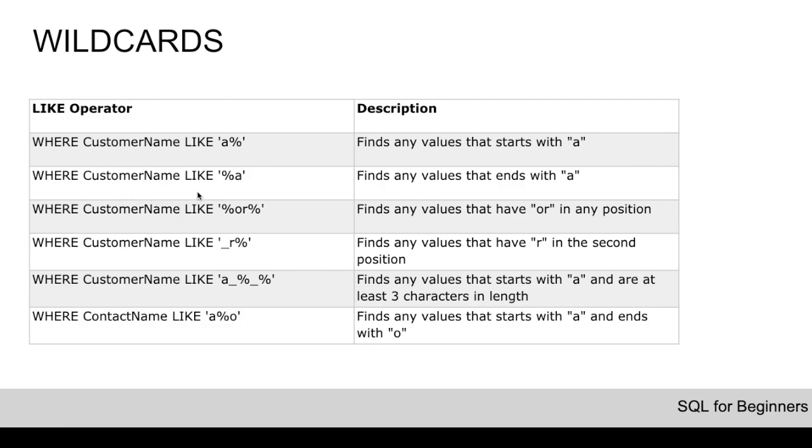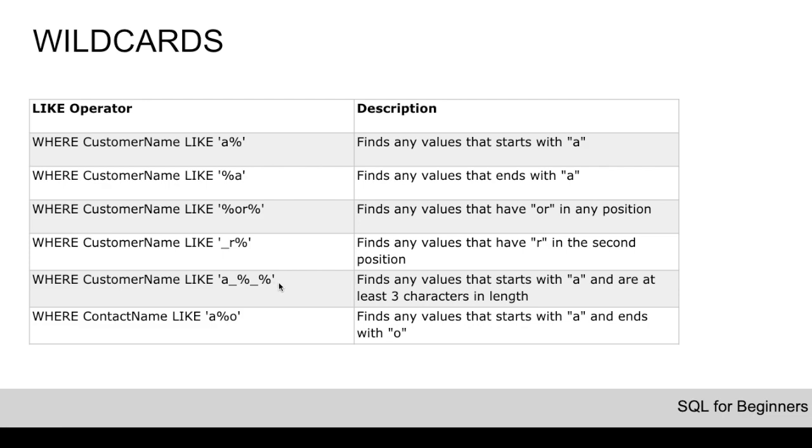So here we have different wildcards, and depending on our needs, if we want to find certain patterns, we can use these wildcards. For example, if we want to find any values in the column that start with A and are at least 3 characters in length, we would just say inside of the quotes A, underscore, percentage sign, and underscore.